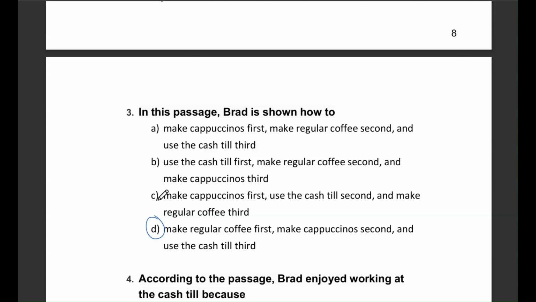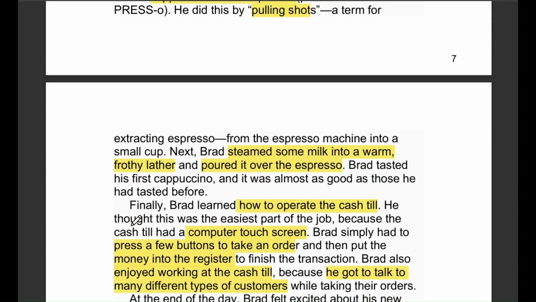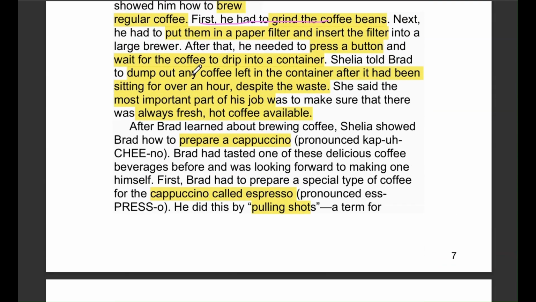C, make cappuccinos first, use the cash till second and make regular coffee third. Or D, make regular coffee first, make cappuccinos second and use the cash till third. The correct answer is D. This is the exact order in which Brad learns the tasks, according to the passage. First regular coffee, then cappuccinos, and finally, the cash till.